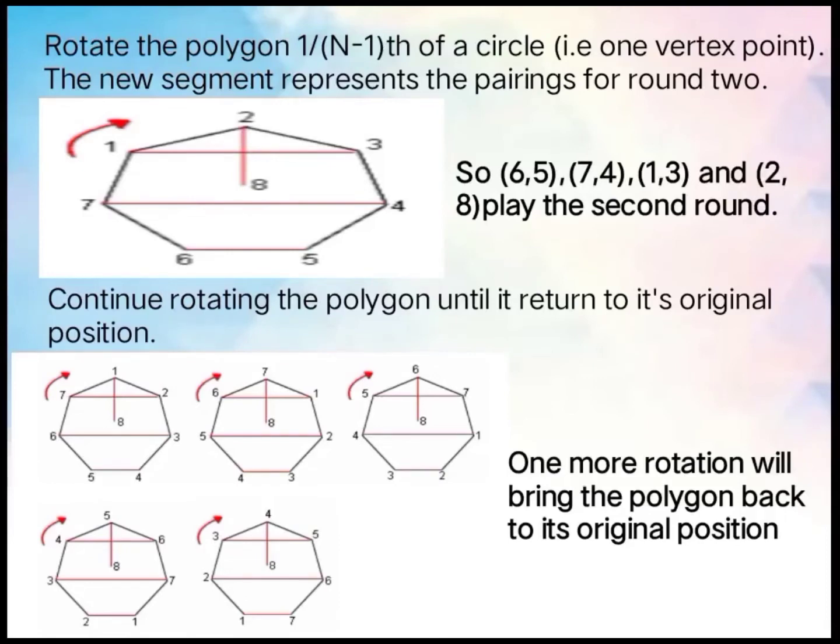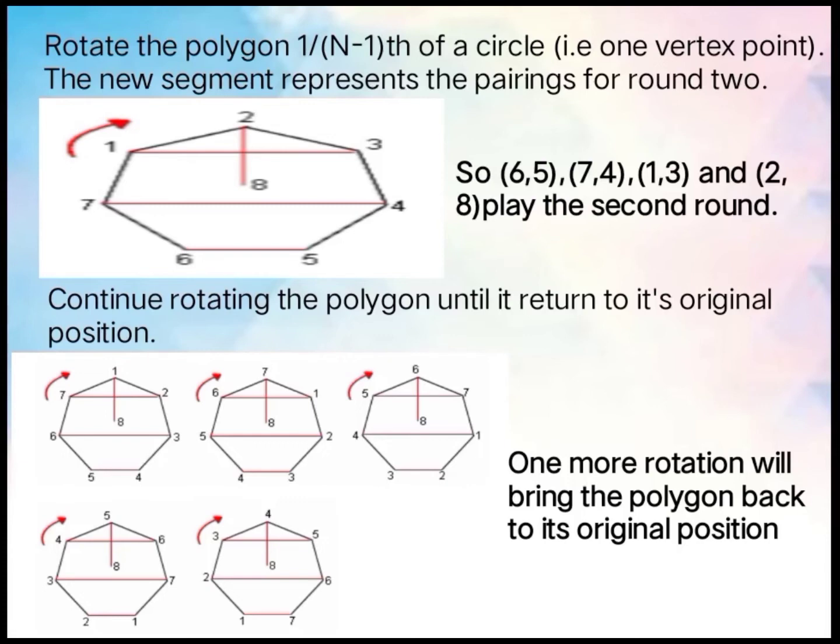Rotate the polygon 1 over n-1 of a circle, one vertex point. The new segments represent the pairings for round 2. So, 6 and 5, 7 and 4, 1 and 3, and 2 and 8 play the second round.